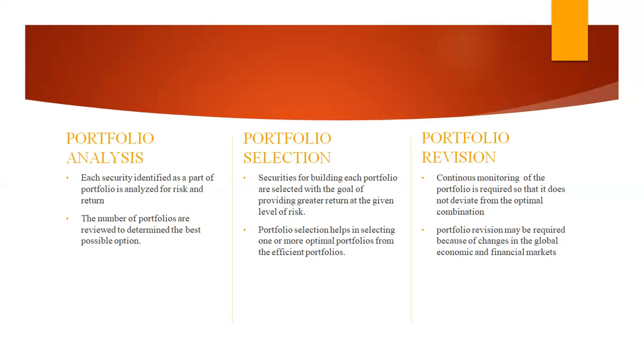So we have to make changes in the portfolio according to the new environment. At the time of selection, the environment may be different, so we have to revise the portfolio according to the new environment.